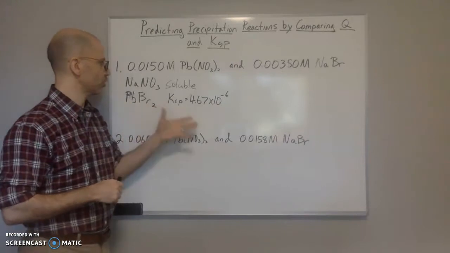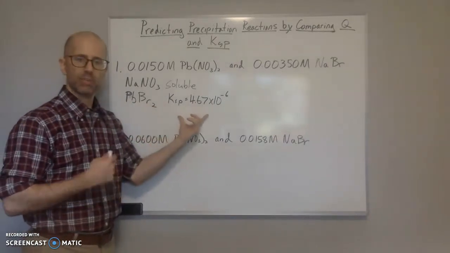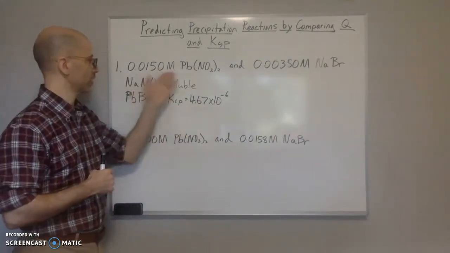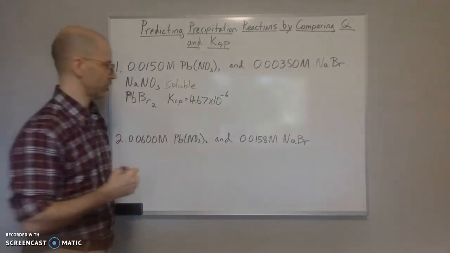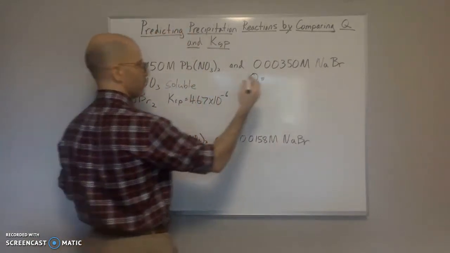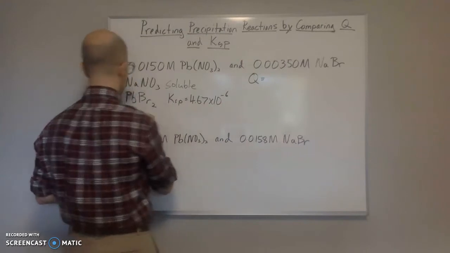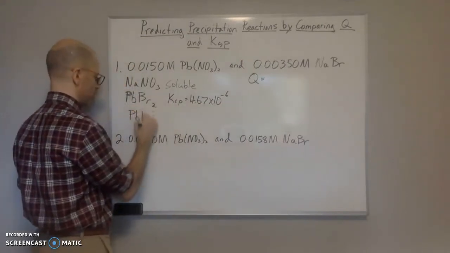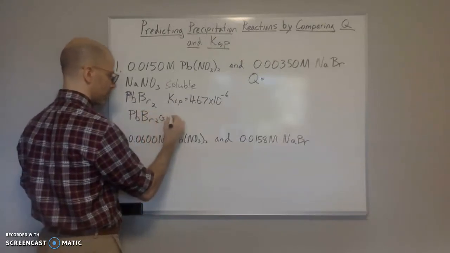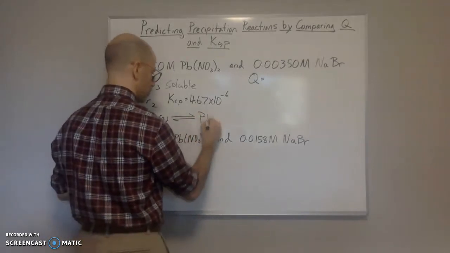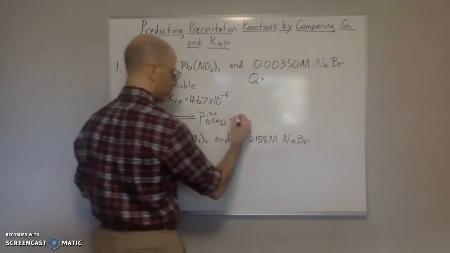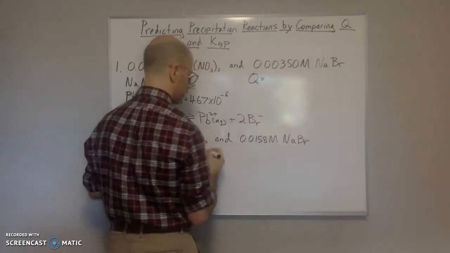With regard to Q, the expression for Q is the exact same expression as for Ksp, but we're using the present concentrations to find the quotient. If we write the dissolution equation, it's PbBr2 solid goes to Pb2+ aqueous plus 2 Br minus.